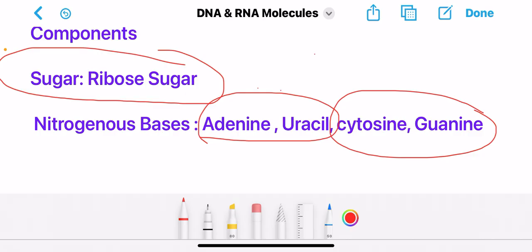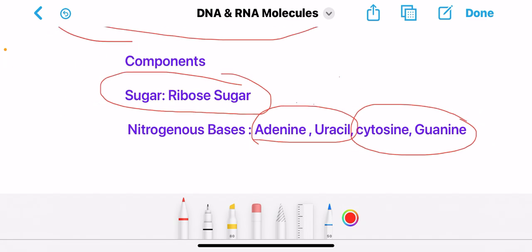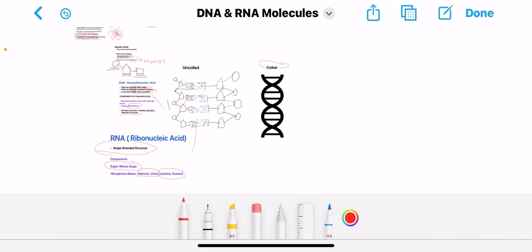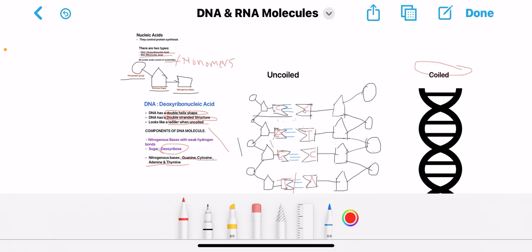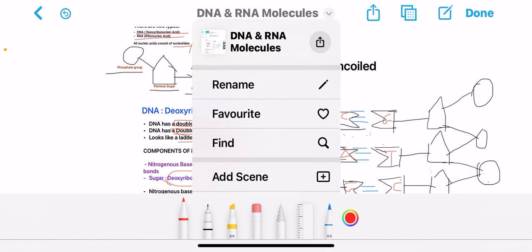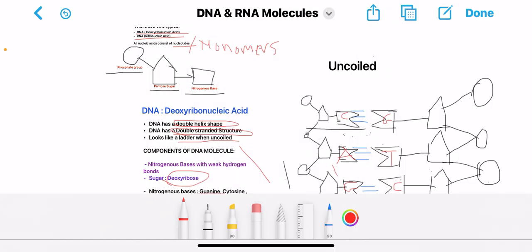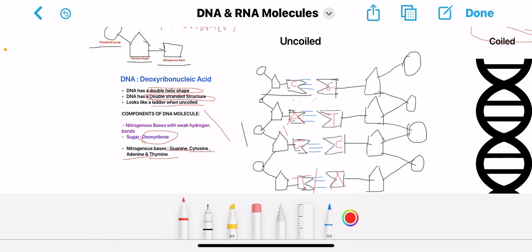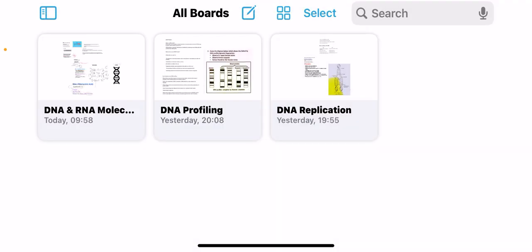I hope you understood how far we have reached now with this topic. Now, that is the basic description of the molecules. Okay? Now let us go to DNA replication.